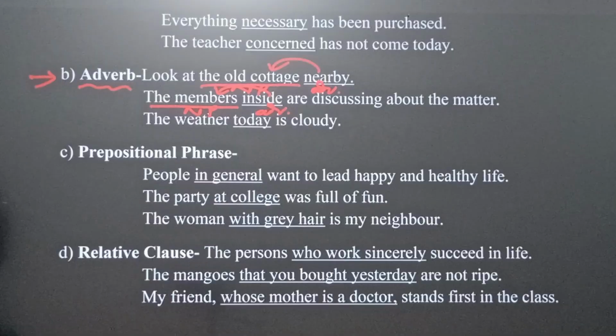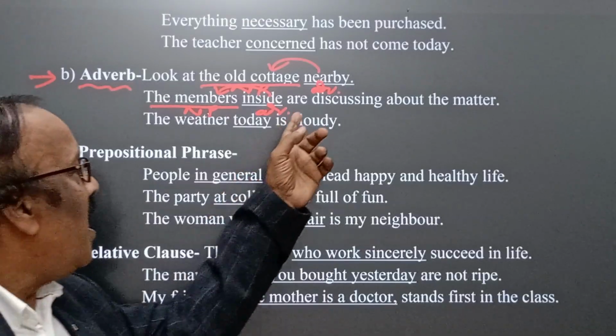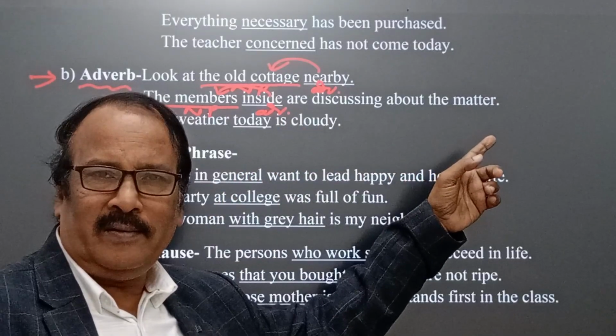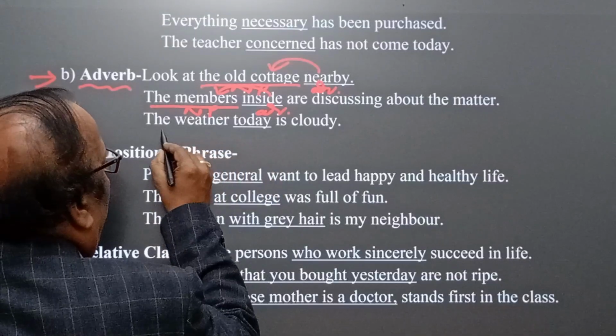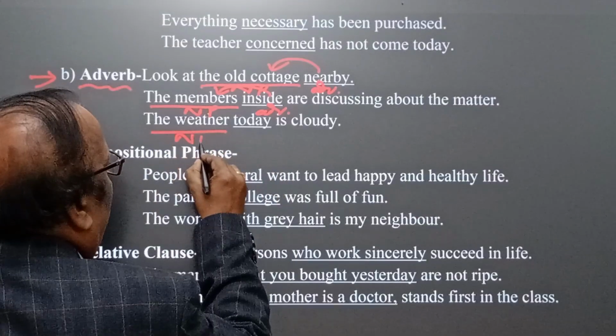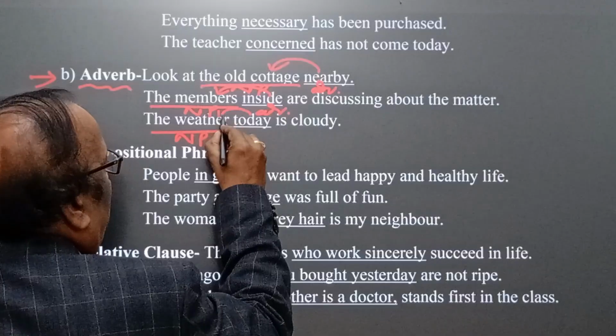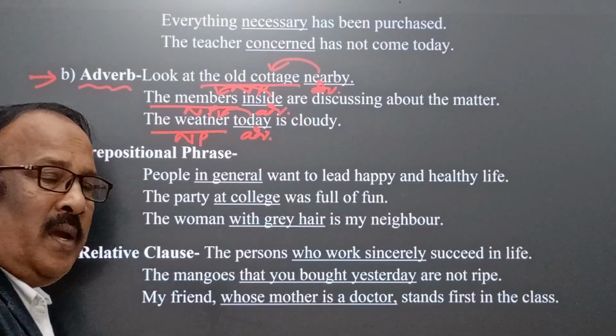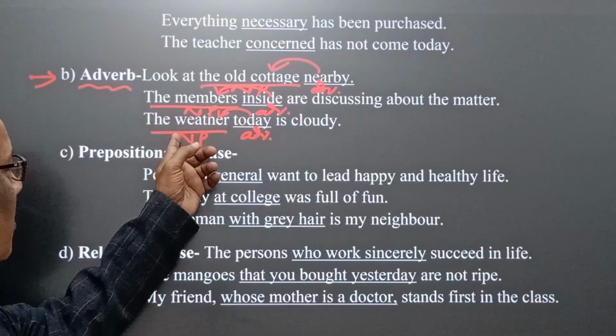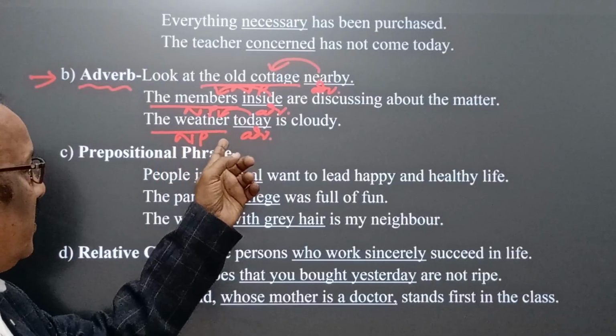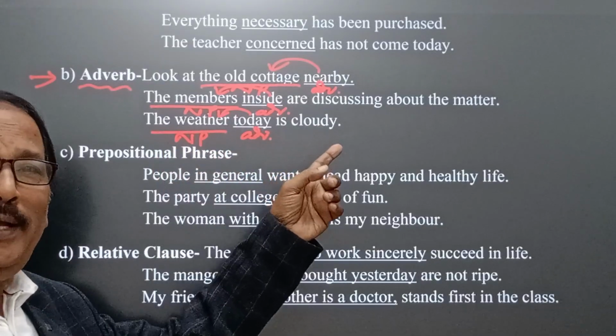The members inside are discussing the matter. The weather today: the weather is the noun phrase, and today is an adverb of time, and this adverb of time qualifies the weather. The weather today is cloudy.